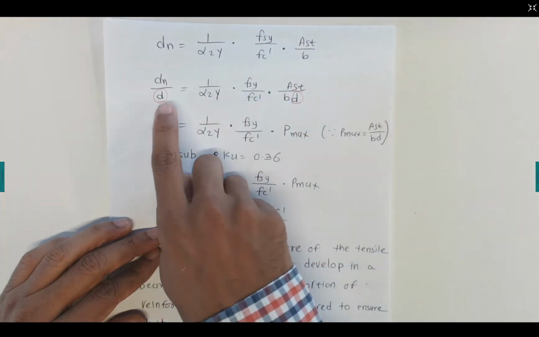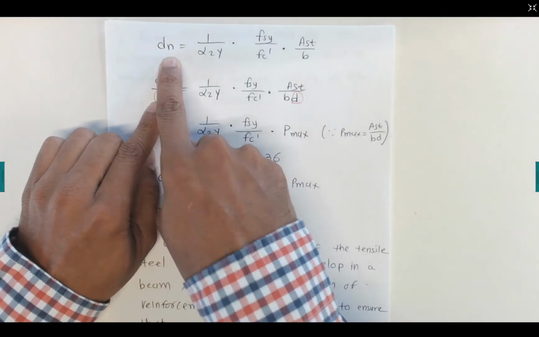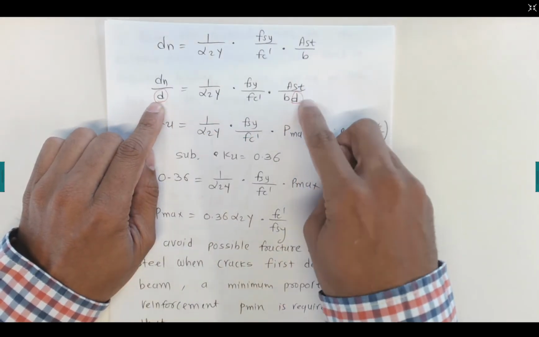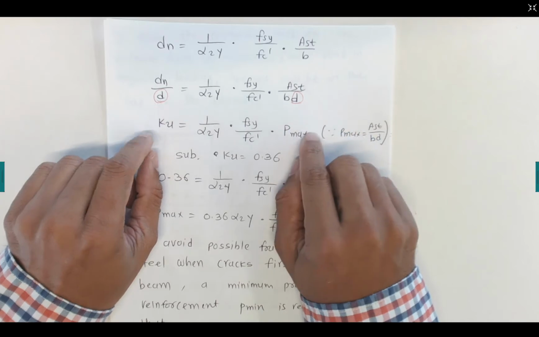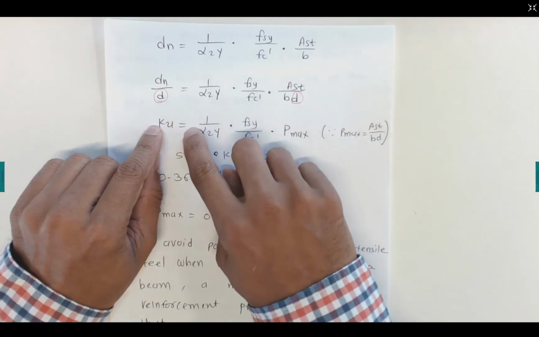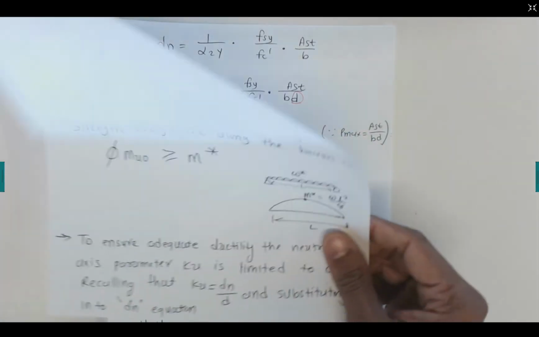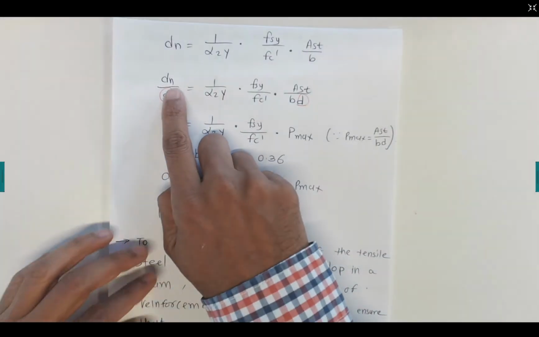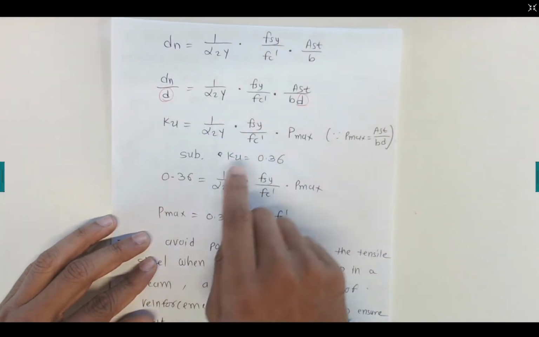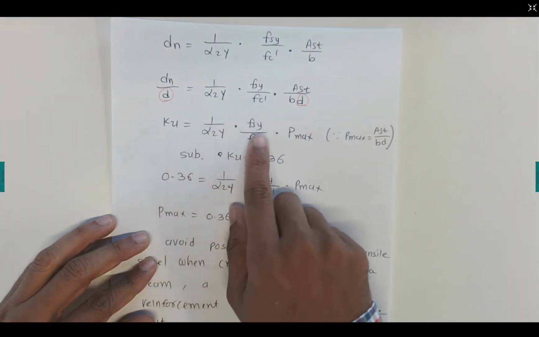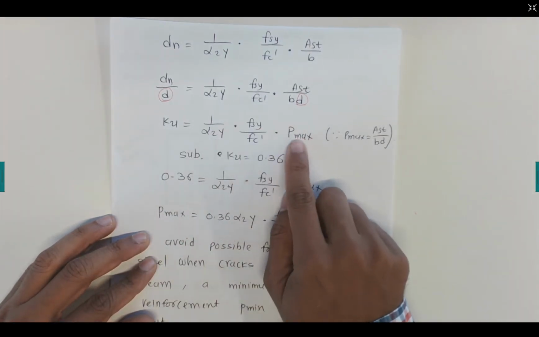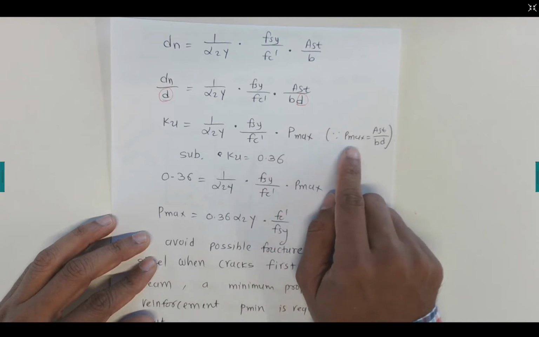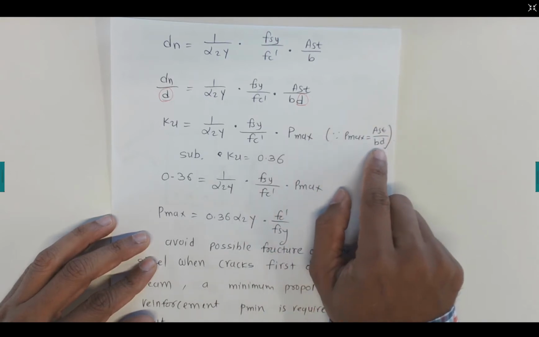We divide dn on the left side by d, and divide by d on the right side too. So dn on d is Ku, the ratio of the depth of the neutral axis to d, which is 1 over alpha 2 fsy, and the reinforcement ratio is Ast on b d.